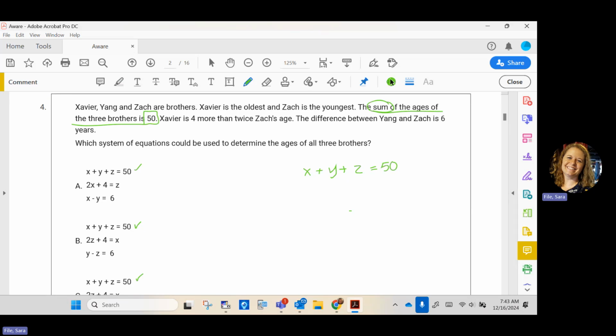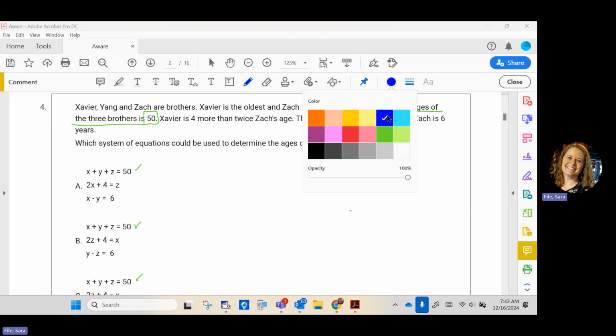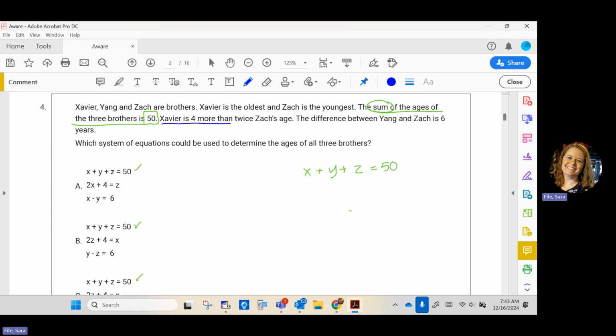Then the other pieces of information that they give us, they tell us that Xavier is 4 more than twice Zach's age. So twice Zach's age, so 2 times Zach's age. 4 more means to add 4, and that would give us Xavier's age.